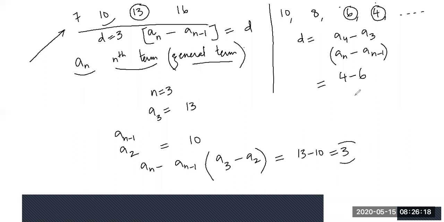All right. So 4 minus 6 is minus 2. Guys, this D has a negative value. A negative common difference means, boom, it goes down. The arithmetic progression would go down. The preceding number will be greater than the next number, or you can say the next number will be smaller than the preceding number.